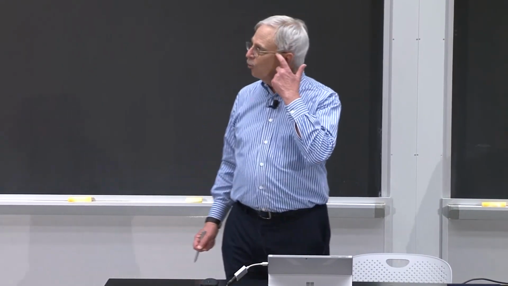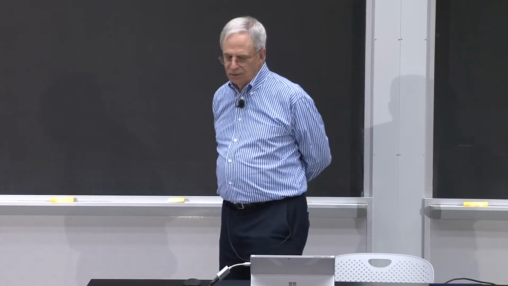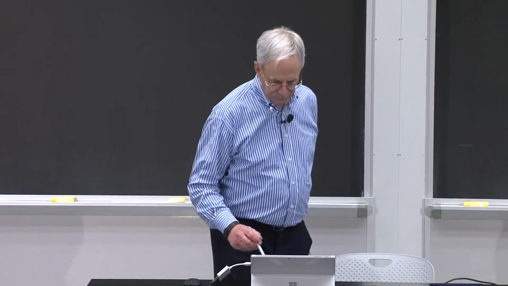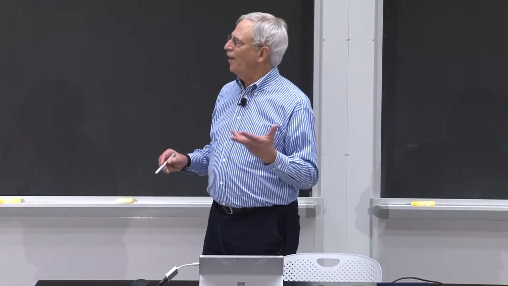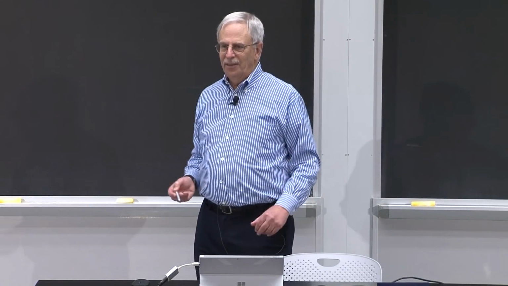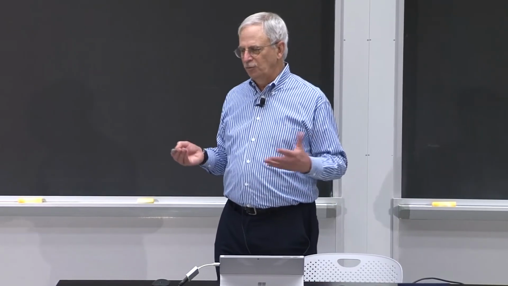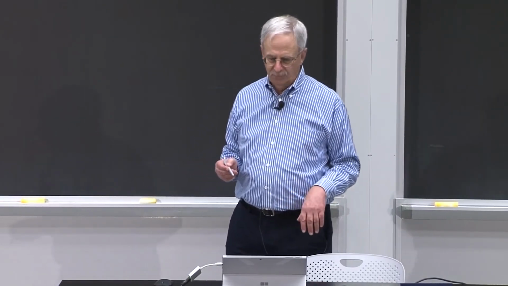So if you recall the theorem, it had three parts. Up till now, we've exploited the first two. We've used the fact that the means will be normally distributed so that we could use the empirical rule to get confidence intervals, and the fact that the mean of the sample means would be close to the mean of the population.